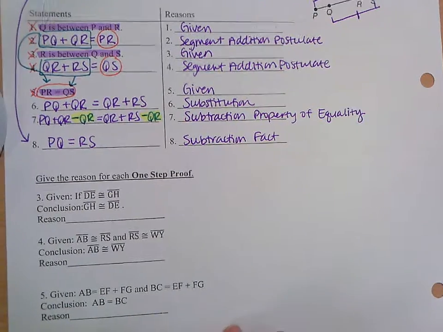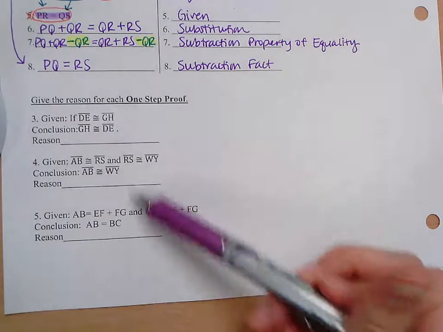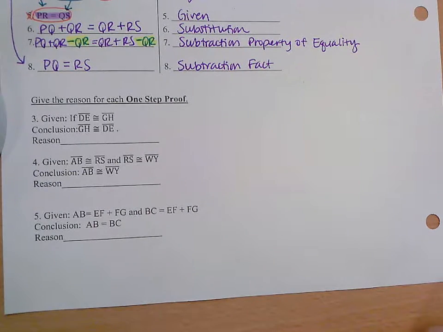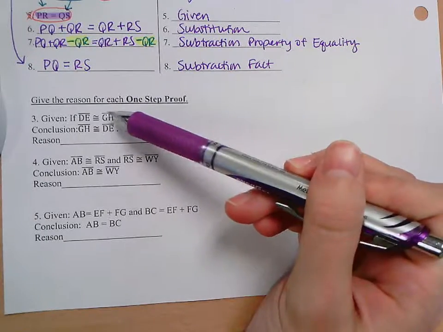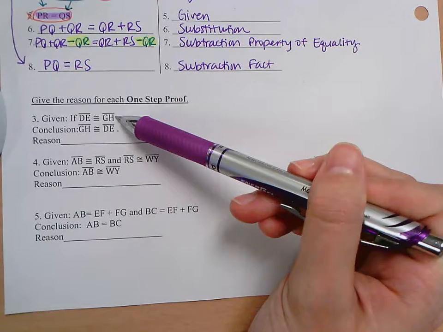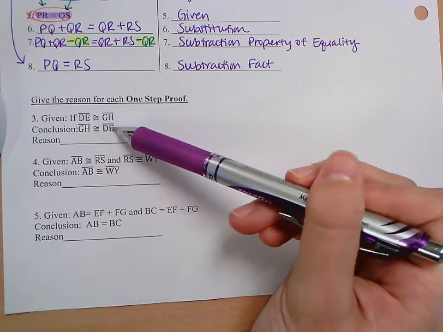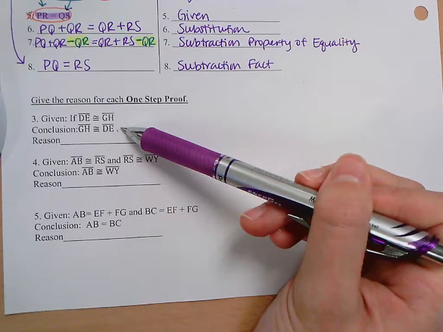Okay, the last three, this is just some one-step proofs dealing with congruency. So I just want to talk about these quickly. This is like you had on your quiz, or like we did that very first day of chapter 2. So it says, if you're given segment DE is congruent to segment GH, and then you're concluding segment GH is congruent to segment DE.